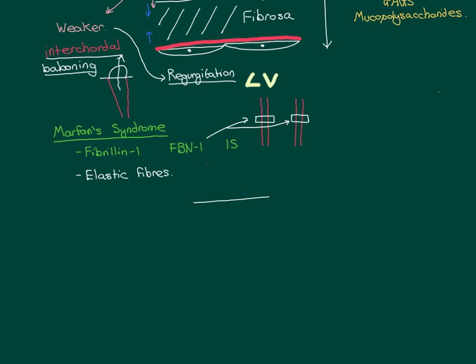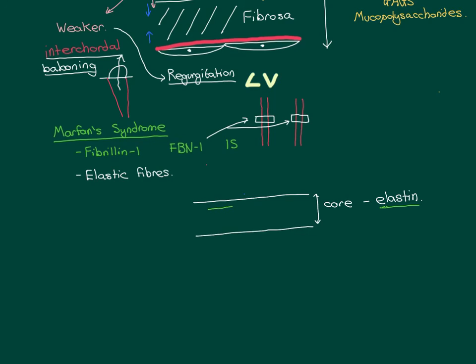So let me just draw this. This is going to be the core of the elastic fiber. So this bit is the core, and this consists of loads of elastin polypeptides cross-linked together. So this is going to be the elastin polypeptide, and elastin's given a very nice name. You instantly know what elastin does just from its name. It's involved in the production of elastic fibers.